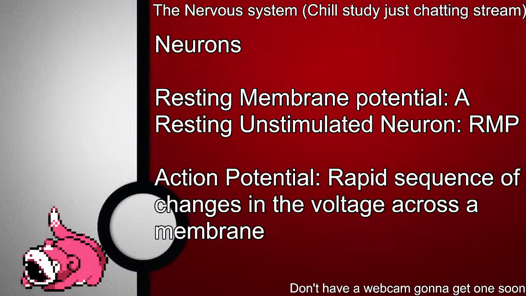Okay, so we got the resting membrane potential. That's the chill one. Now we can move on to the action part. Did I write this down? Action potential. Let's see what the book says. It's a rapid sequence of changes in voltage across the membrane.